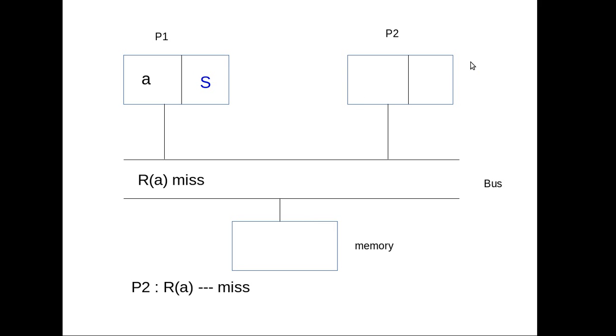Next, read A from P2. As we have a single cache line and the next operation is on different data, we need to replace the data. So this B was replaced by A now. This is a miss.